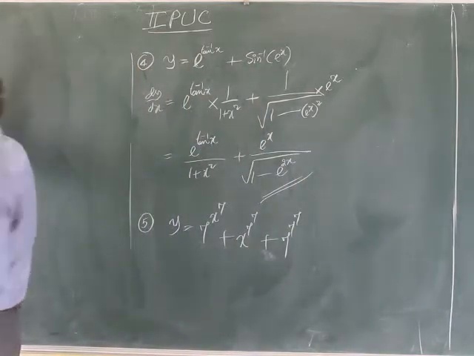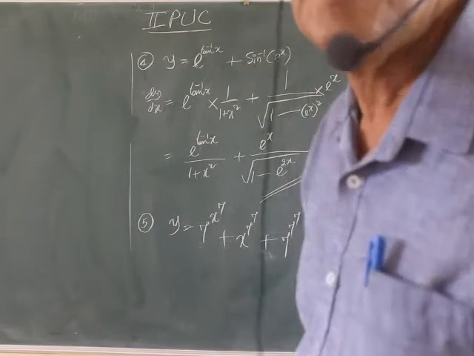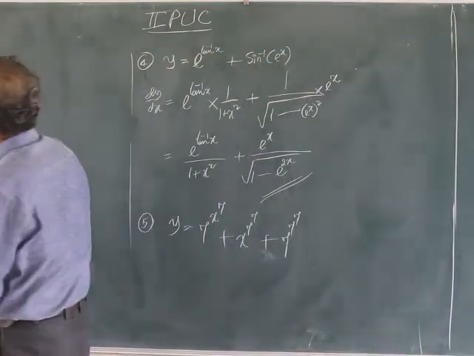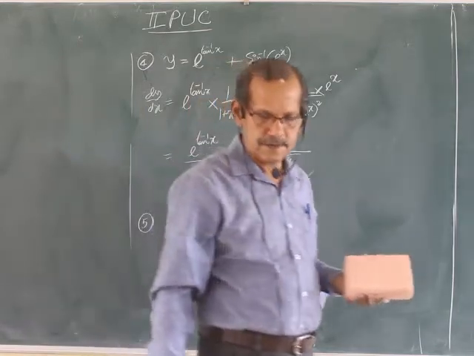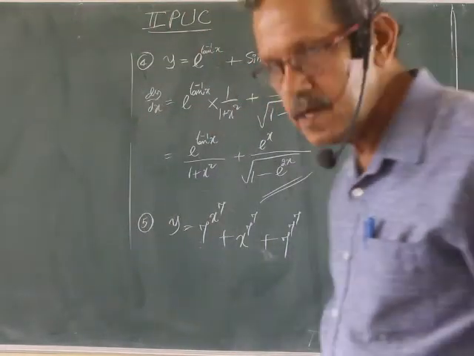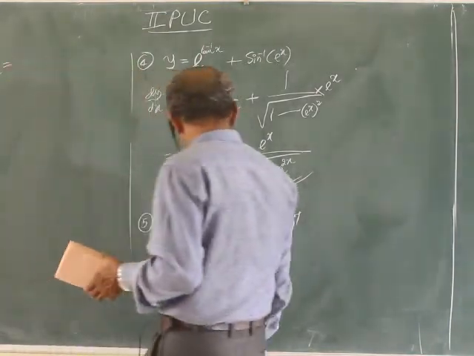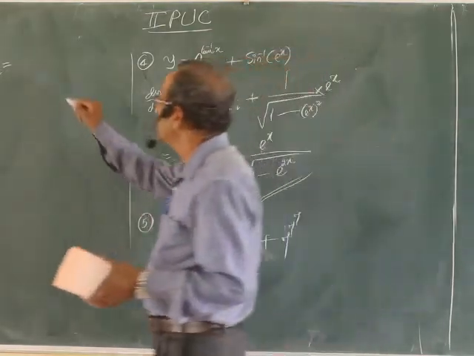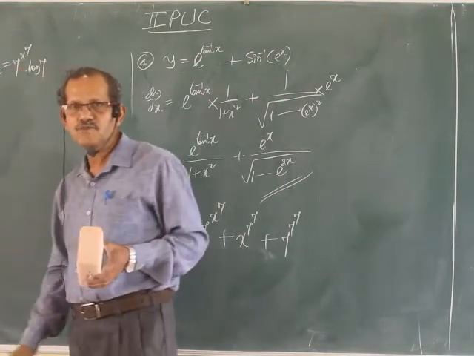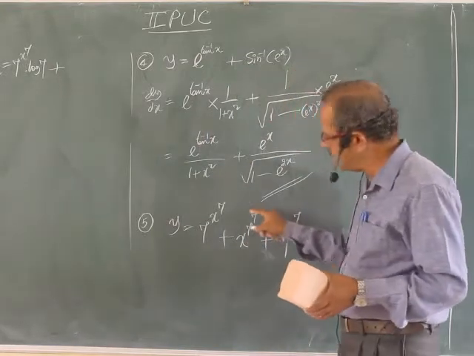Let us see. dy by dx equal to derivative of 7 to the power x to the power 7, chain rule. 7 to the power x to the power 7 into log 7, plus x to the power, whatever may be the power, it is a number, no?